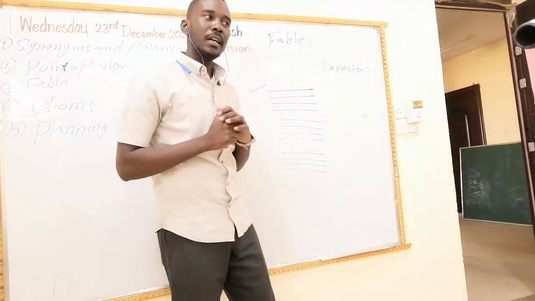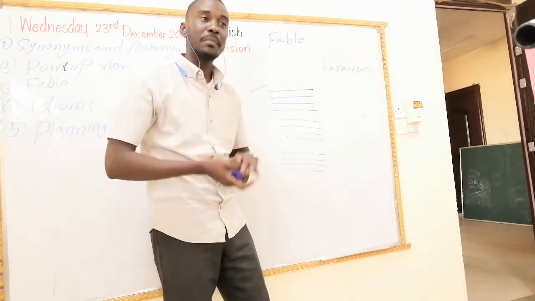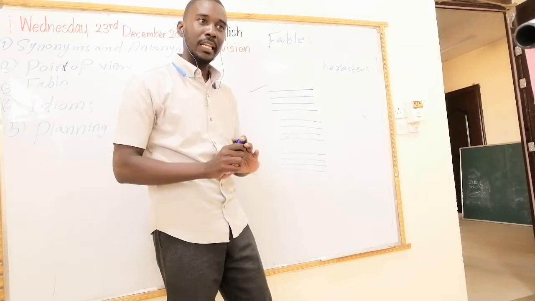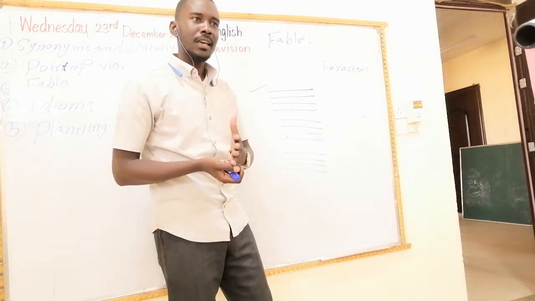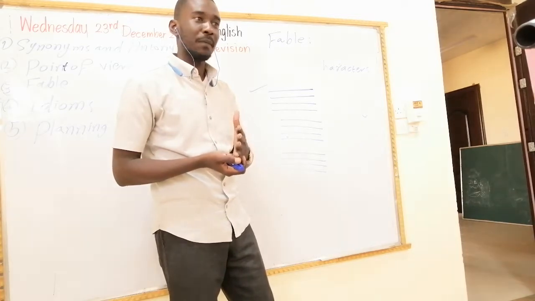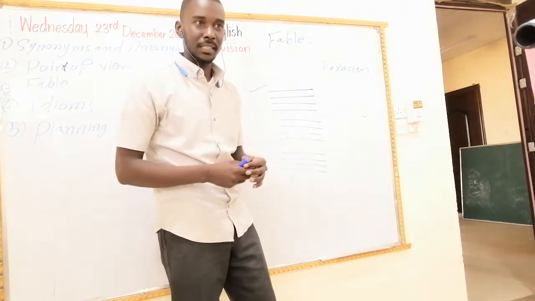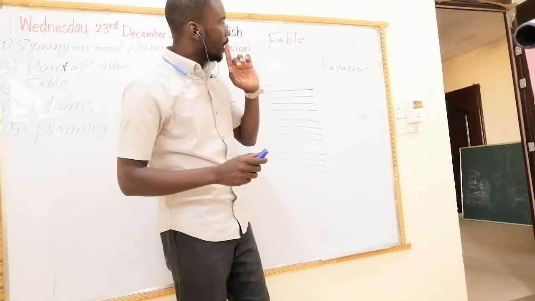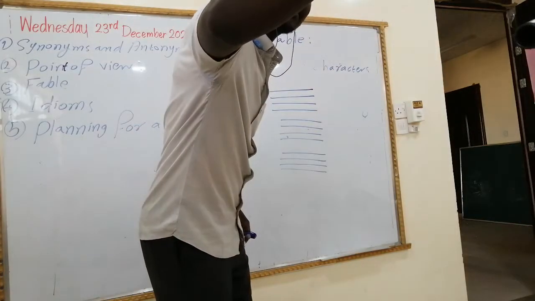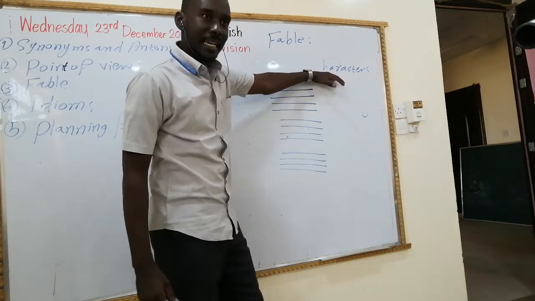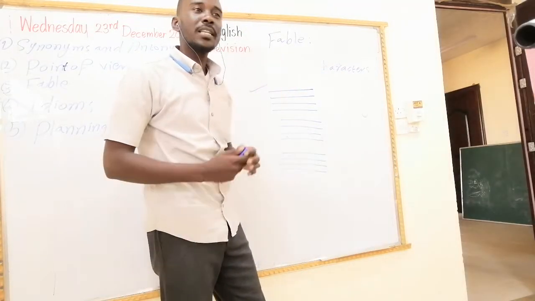So, what is the main character? Is it a lion? Is it a fox? Is it a bird? So you select your character, and also after selecting that character, try to imagine what is.